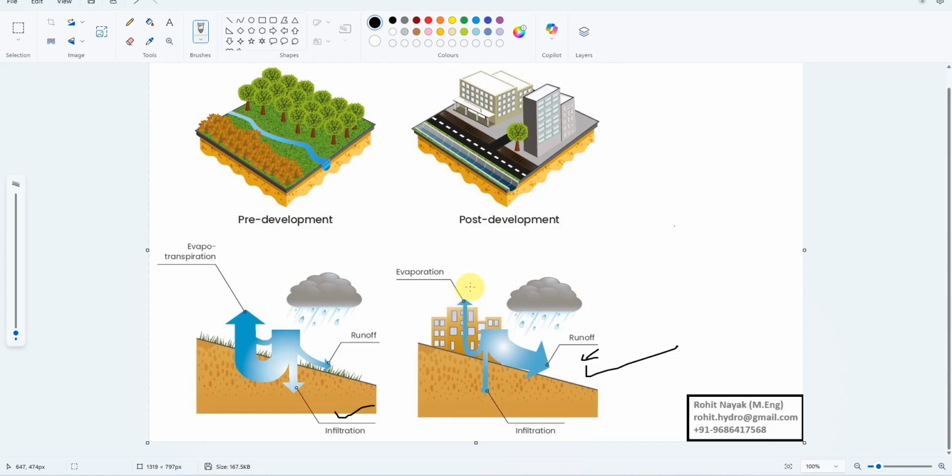Okay, so the pre-development runoff and post-development runoff, if I can put that graphically, if I can plot the difference in how the pre-development and post-development behave, I will put that into a graph in the next picture I am showing you.